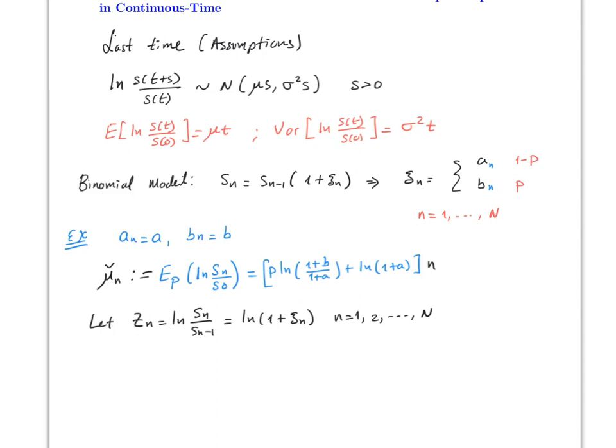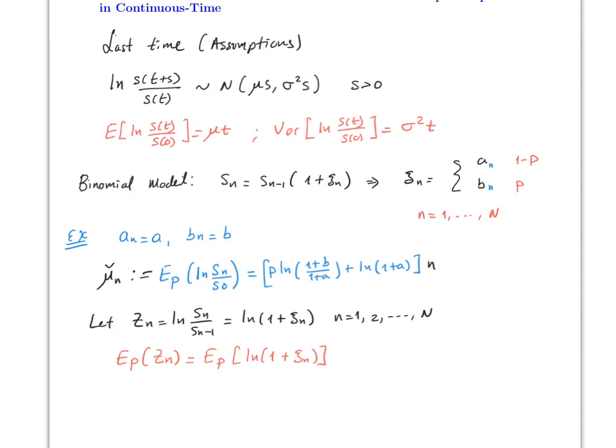Remember here that the random variable is C_n. Therefore, from here the expected value with respect to p of Z_n will equal the expected value of ln of (1 + C_n).